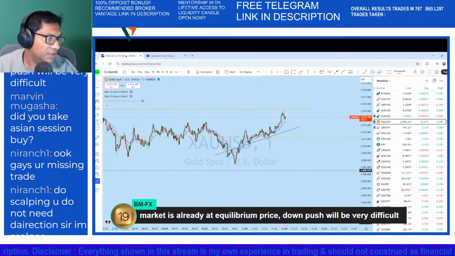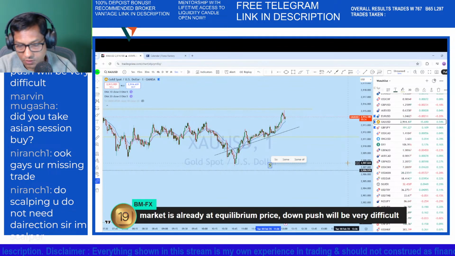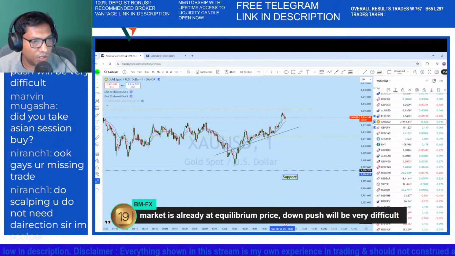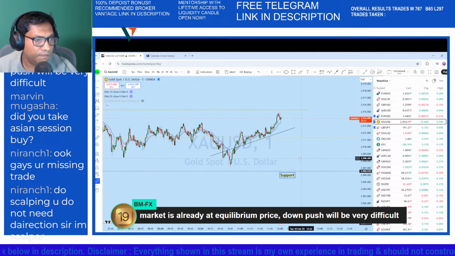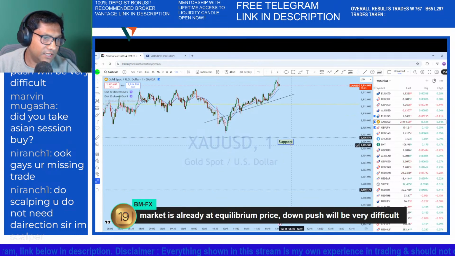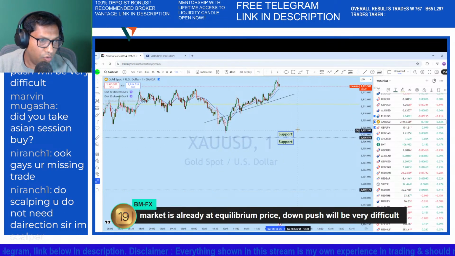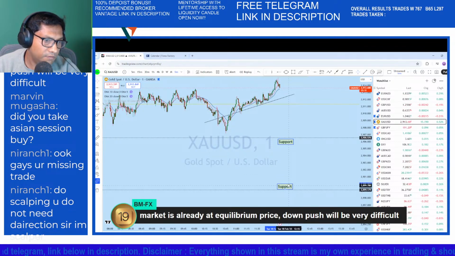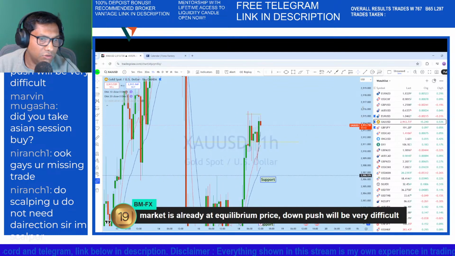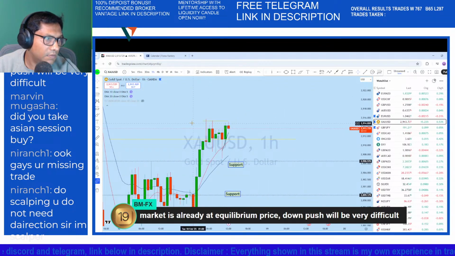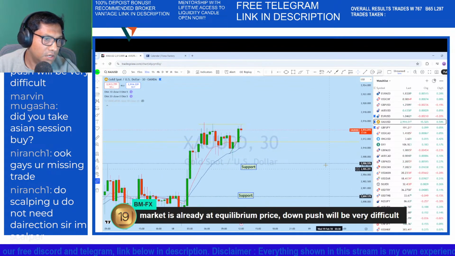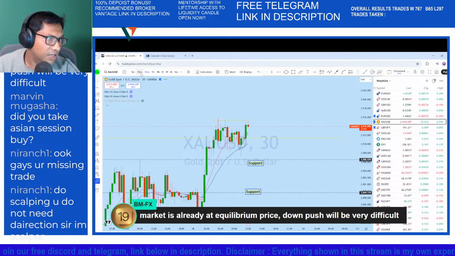This is a support, which is one important level of support here. And if we see that this support is tested, we can look for another support here, which is another important support. So two important levels of support here, a very important zone to look at for a potential entry in this market.